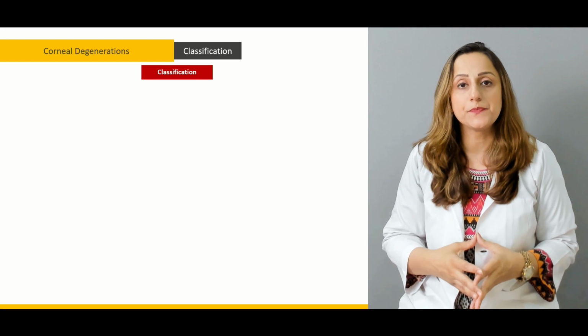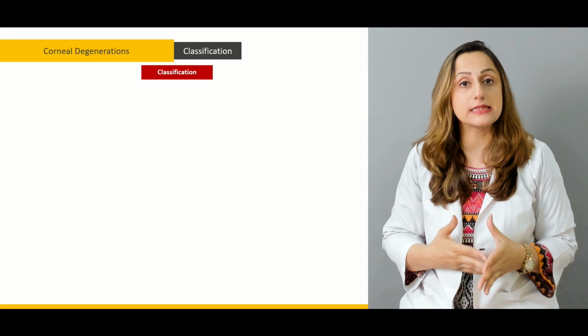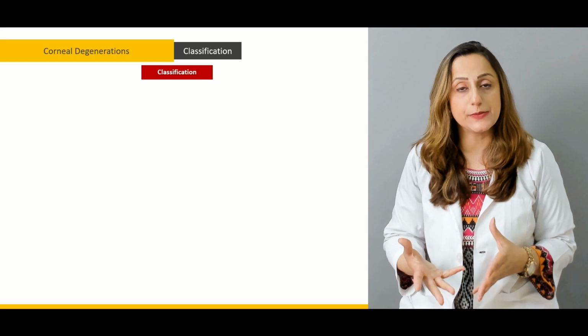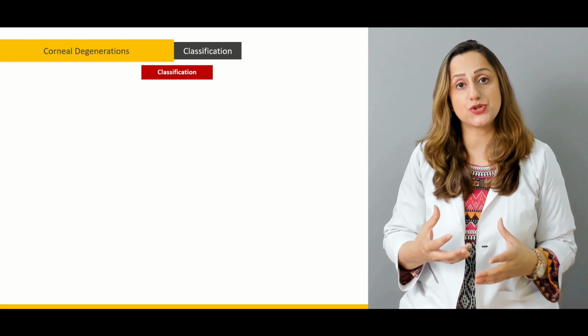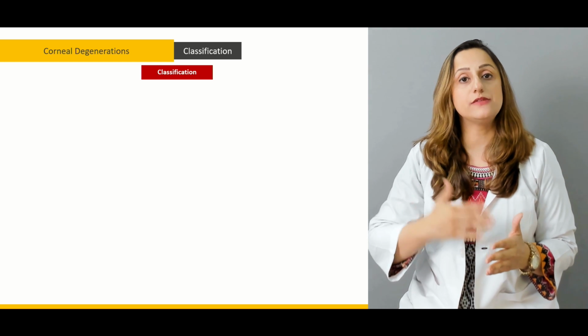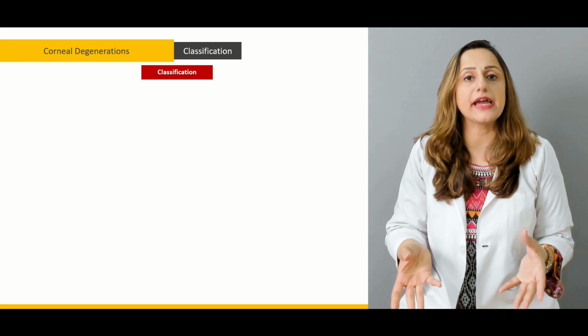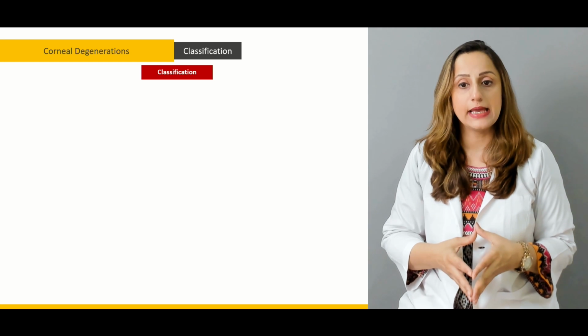These would be the common complaints the patient would come up to you with. Then the points in the history are going to highlight the causative factor towards the development of this specific kind of corneal degeneration that we are dealing with.